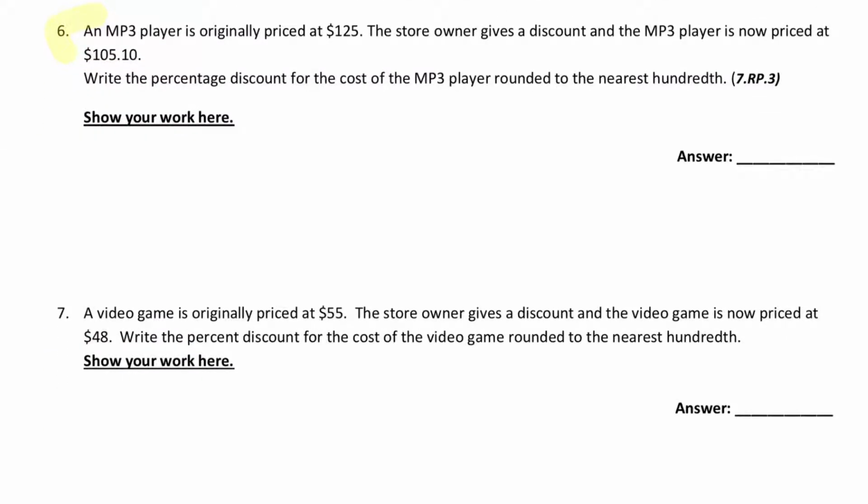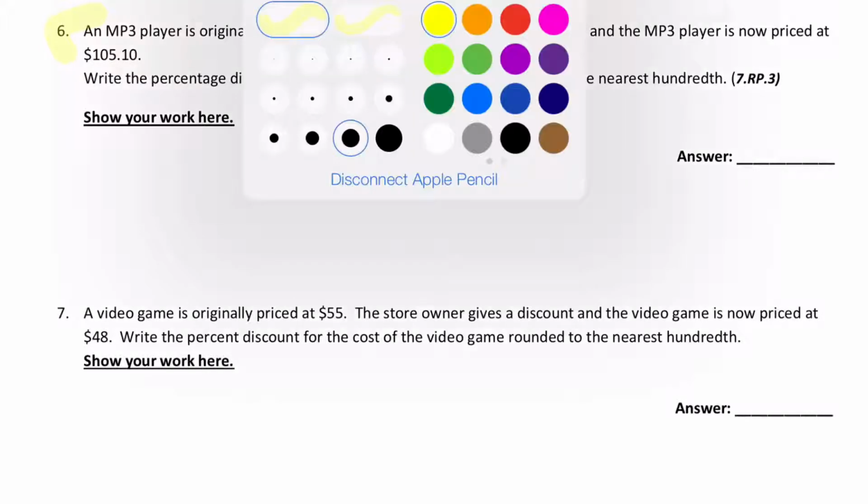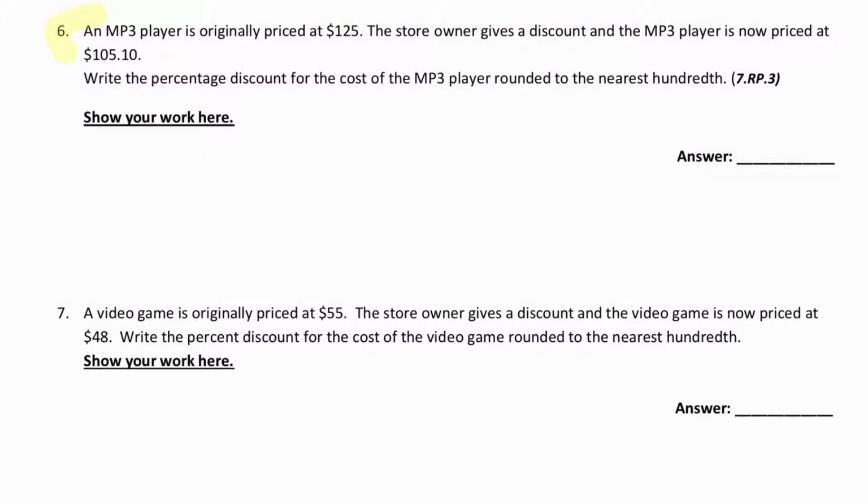All right, an MP3 player is originally priced at $125, and the store owner gives a discount. The MP3 player is now priced at $105.10. So write the percentage discount for the cost. In this case, they're telling us straight up to find the percent.